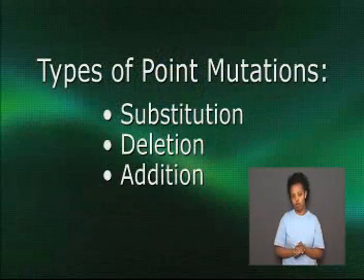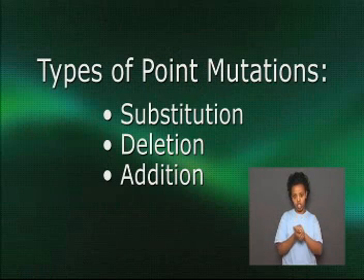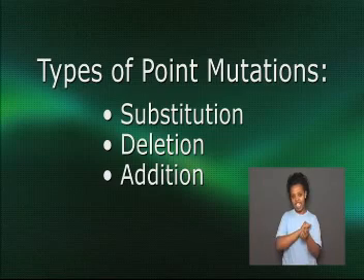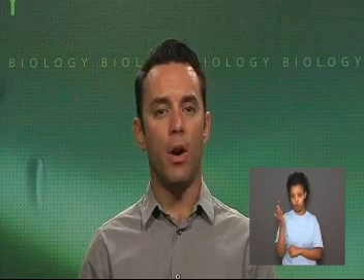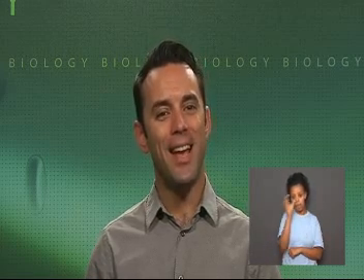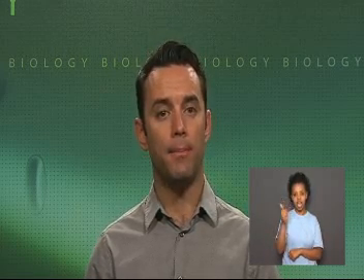There are a few different types of point mutations, including substitution, deletion, and addition. These mutations, which each involve a change to one base, occur unpredictably when DNA is replicating.